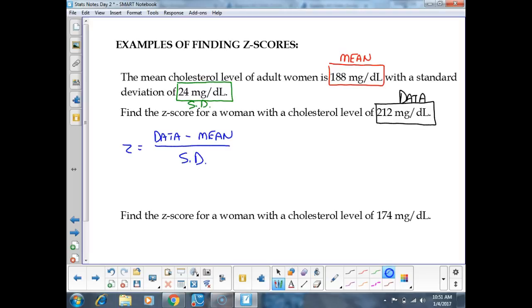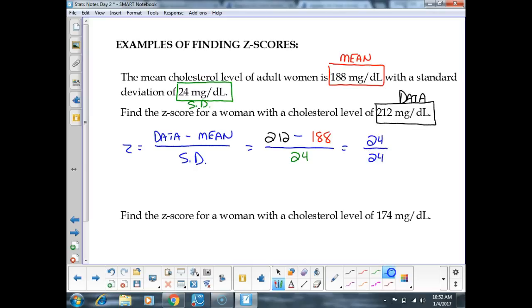So that is, data was 212 minus mean is 188 divided by standard deviation of 24. 212 minus 188 is 24. 24 divided by 24 is 1. So that woman is 1 standard deviation above the mean, because she has a z-score of 1.